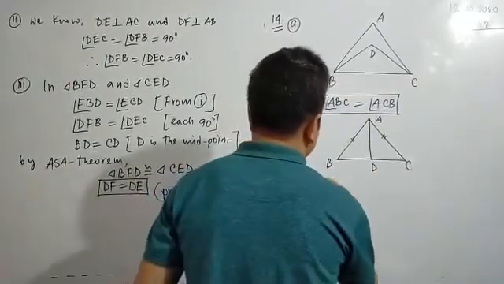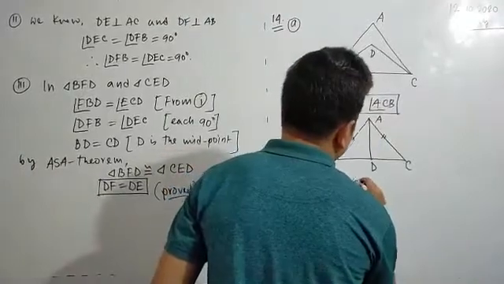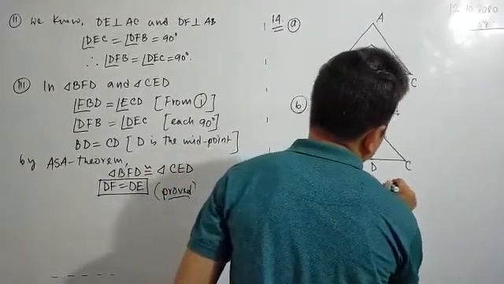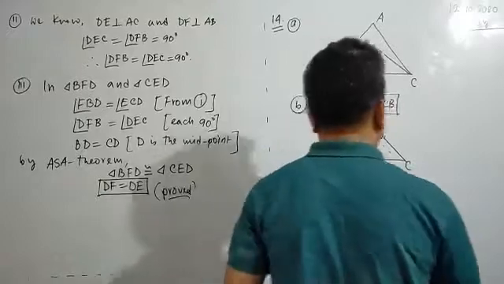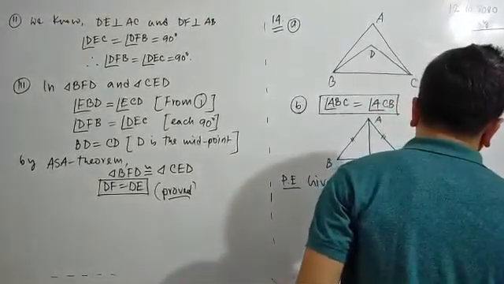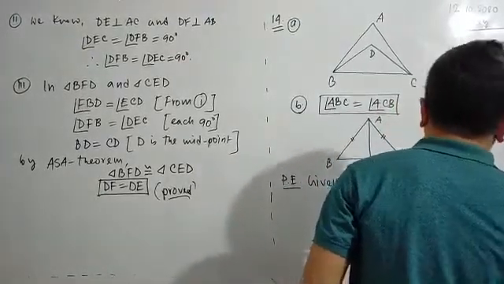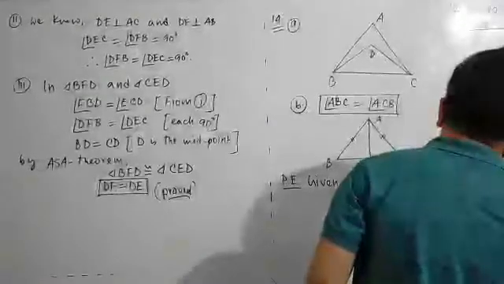Particular enunciation. Given: ABC is a triangle, AB equals AC.